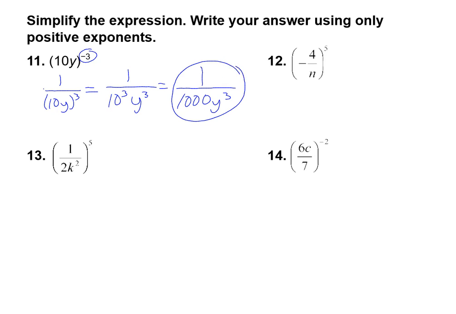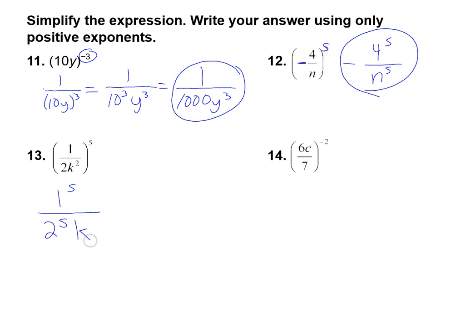On number 12, everything is getting that 5th power. So if I have a negative to an odd exponent, I know my result's still going to be negative. So it's going to be negative 4 to the 5th over n to the 5th. On number 13, I'm going to do 1 to the 5th over 2 to the 5th. Now this k is squared.